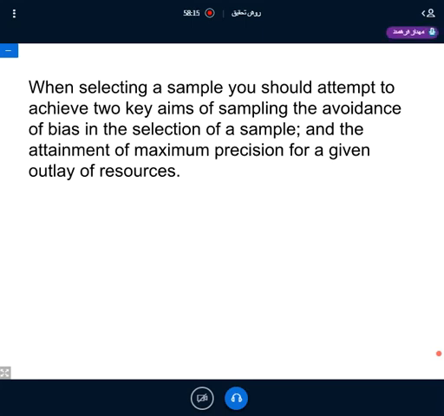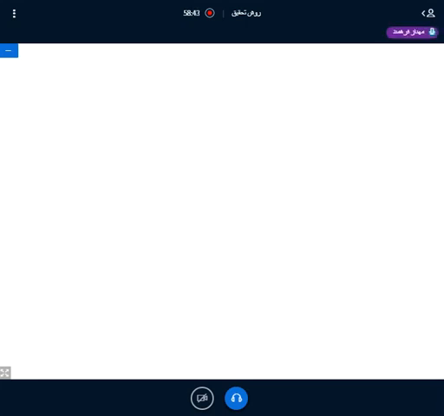So here we can see selecting samples that contain the two key aims of sampling: the avoidance of bias in the selection of the sample and the attainment of maximum precision.